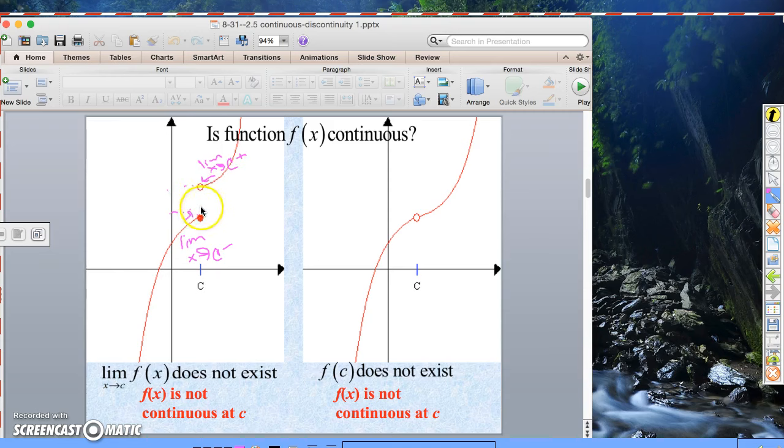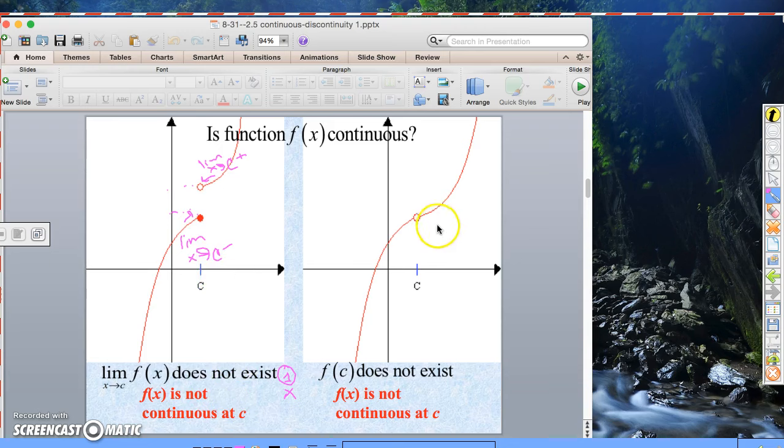So you can clearly see the two limits do not equal each other. There's a gap between them. In this case, the limit of f of x does not exist. That means condition 1 fails. That's why this function is not continuous.